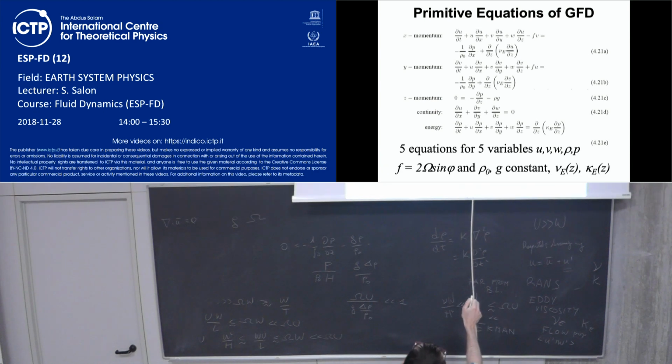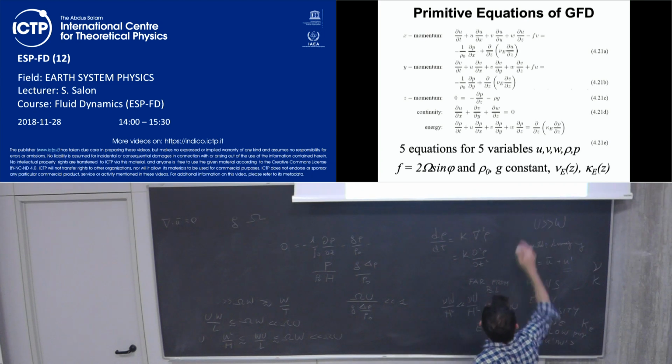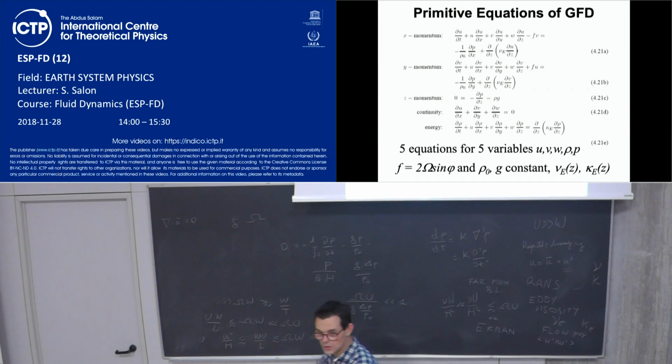But what they did in this case is to give a slightly more precise definition of the eddy viscosity and diffusivity, where in this case they depend on Z. Okay, so eddy diffusivity and eddy viscosity actually are one of the most difficult topics in earth sciences. Okay, finding a model for this one, because what happened?